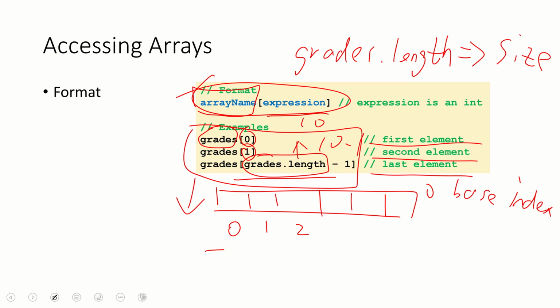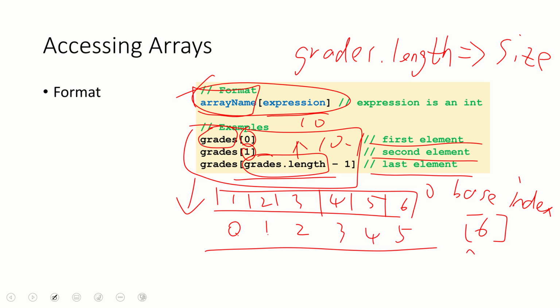For the same example, if I create the size here as 6, basically there are 6 elements: 1, 2, 3, 4, 5, 6 elements. But the index will be 0, 1, 2, 3, 4, 5. So it's size 6 minus 1.